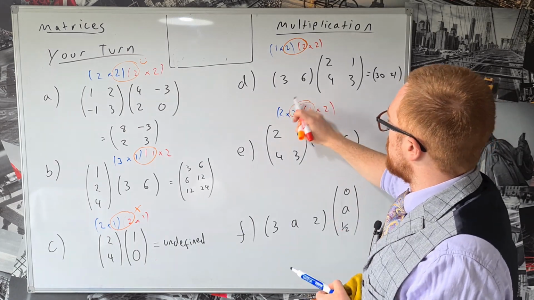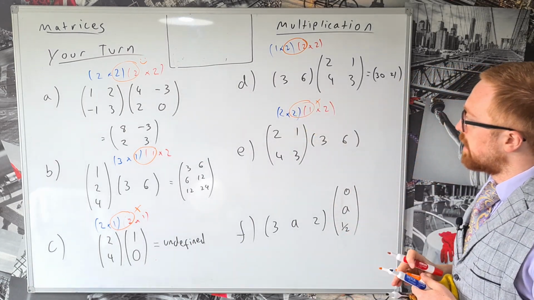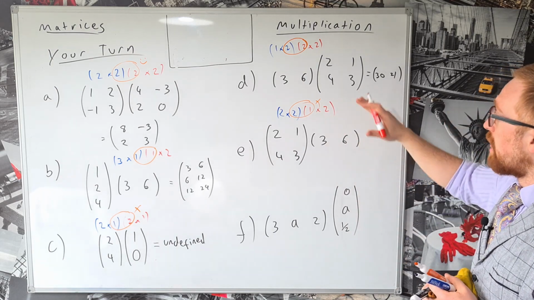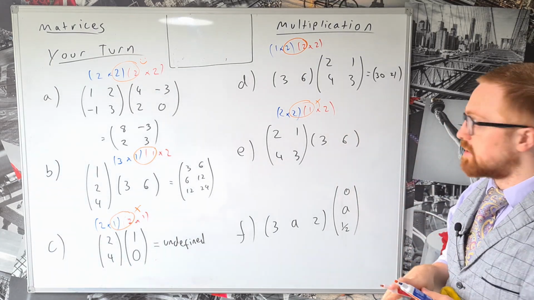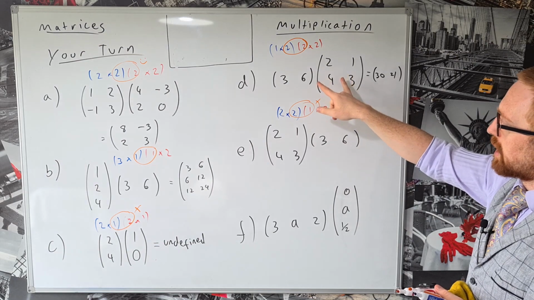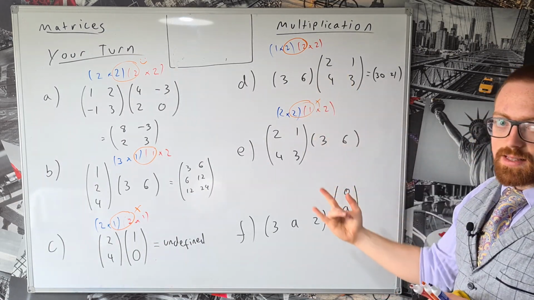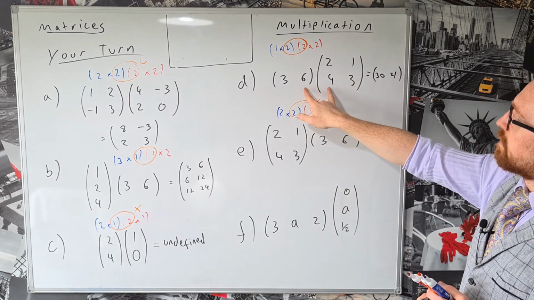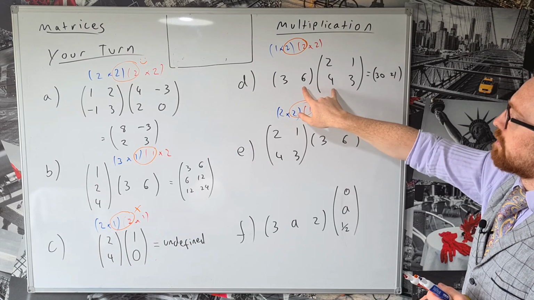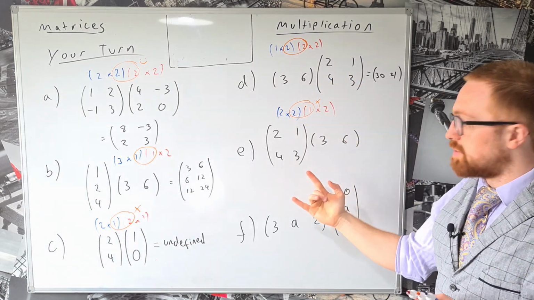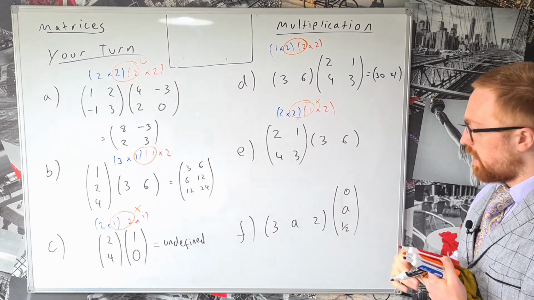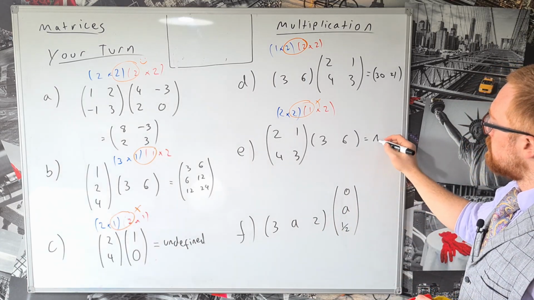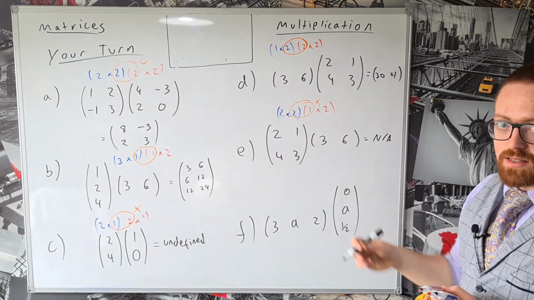So we've not got a match, so they don't multiply. So I suppose this, more than anything else, is a really good reason as to why matrix multiplication isn't commutative. The order does matter, to the extent that even if we've got two matrices that we can multiply one way around, we might not even be able to multiply them the other way around, regardless of whether the answer will be the same.